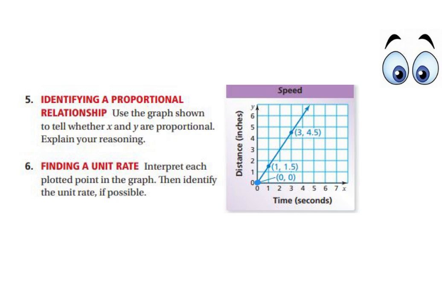Interpret each plotted point in the graph and then identify the unit rate. So 0, 0. That means 0 inches in 0 seconds. The point 1, 1.5, that means 1.5 inches in 1 second.